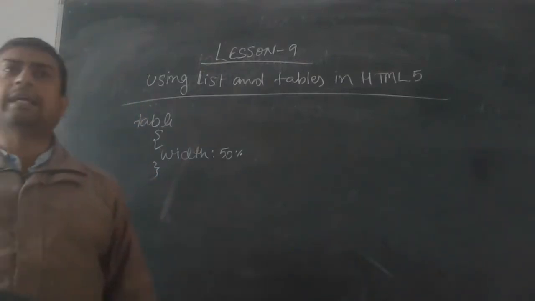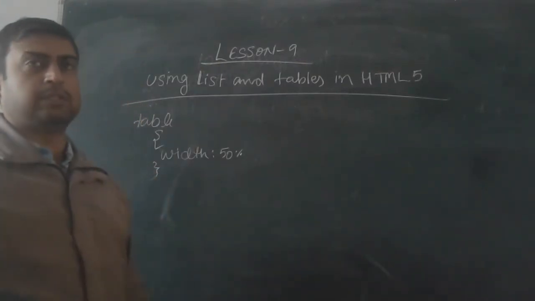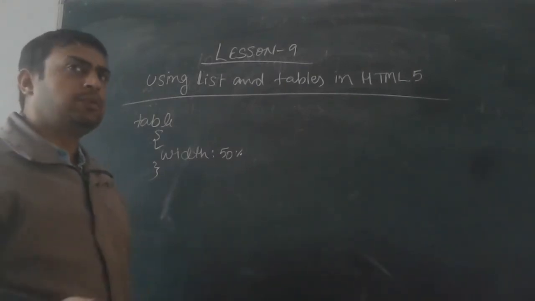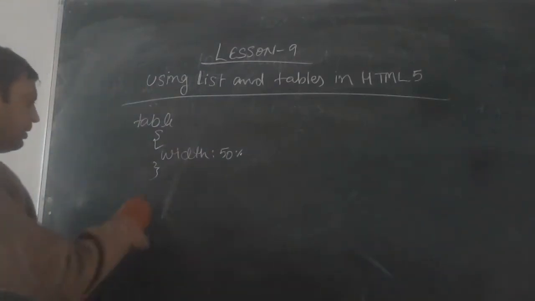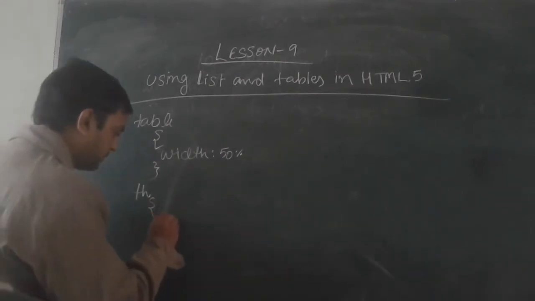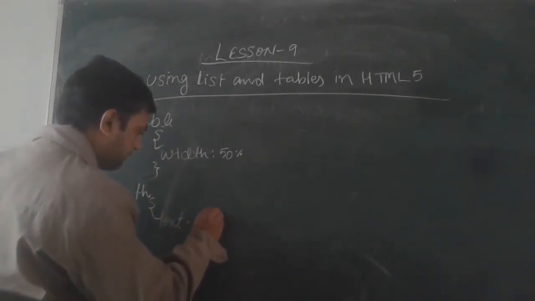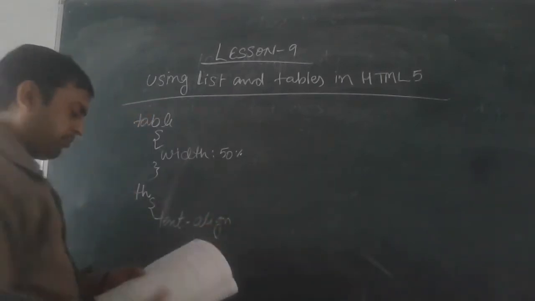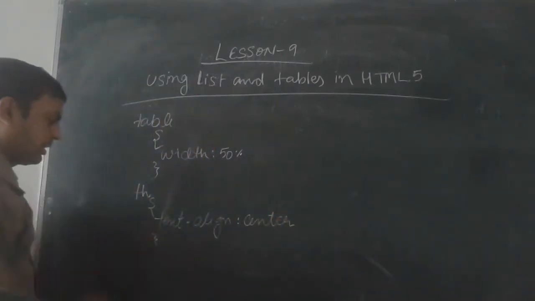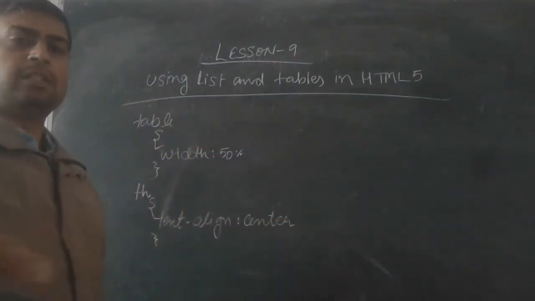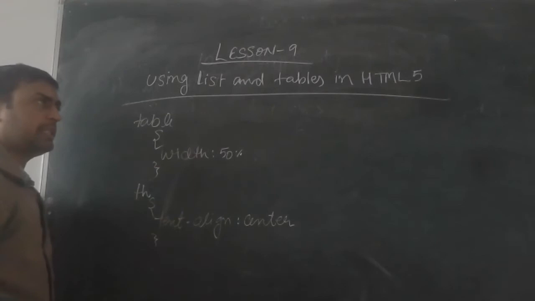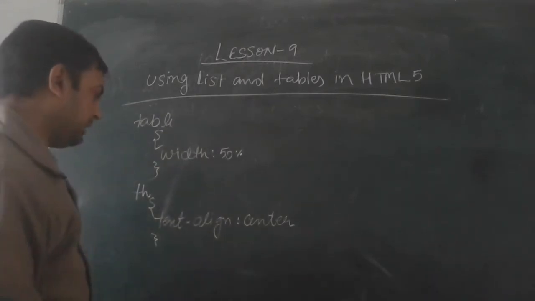In a cell you can align the values according to your need, so in which direction you want to apply the value, you can use in TH, the table head. In TH, text-align center. So I have given text-align center to TH, and all the text which you give will be aligned in the center.